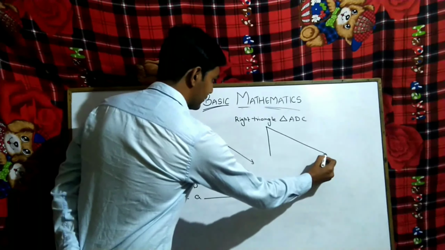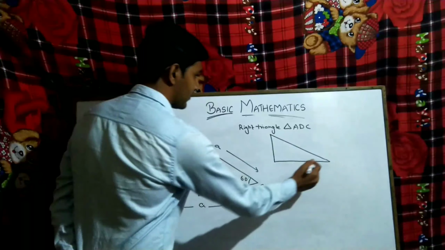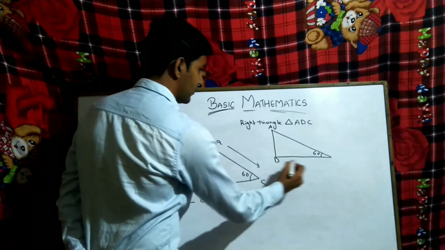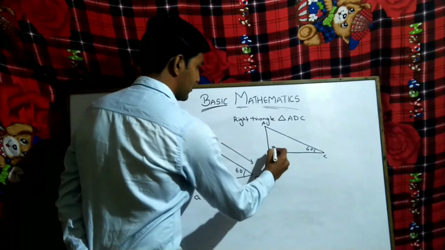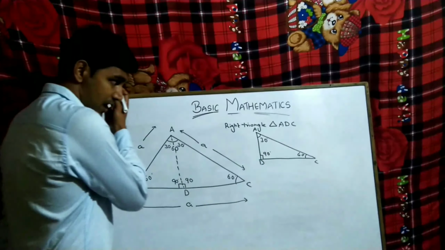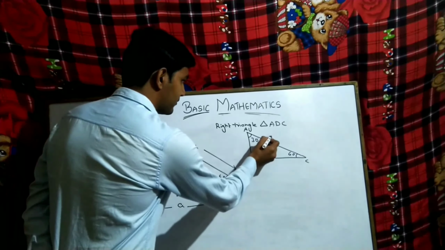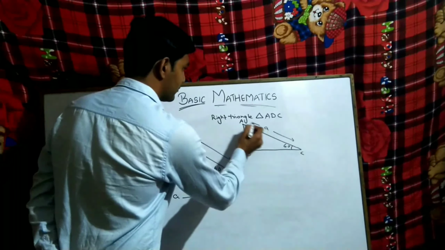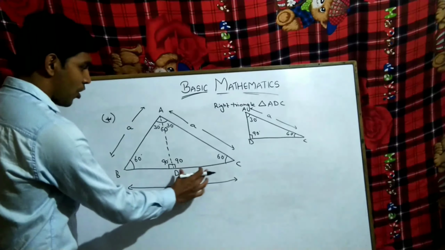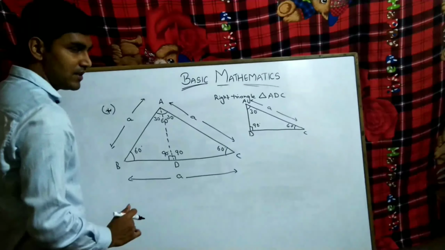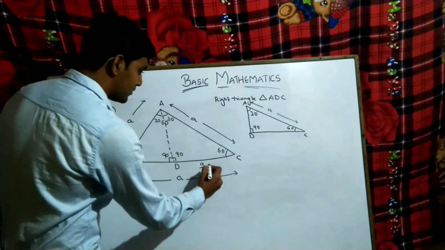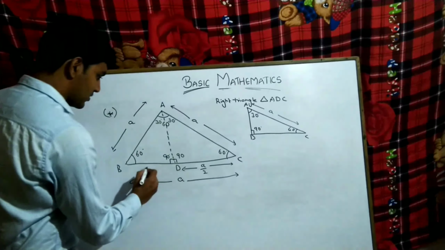See everyone, this is 60 degrees, this is A, D, C, this is 90 degrees, and this is 30 degrees. Clear everyone? Now you know A, and if the total side BC is A, then automatically DC becomes half of BC, so DC becomes A by 2. This is A by 2, and this is also A by 2.